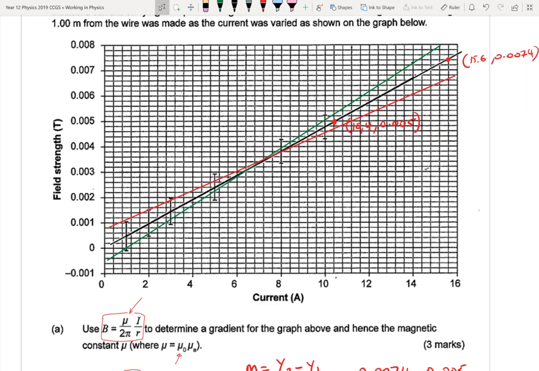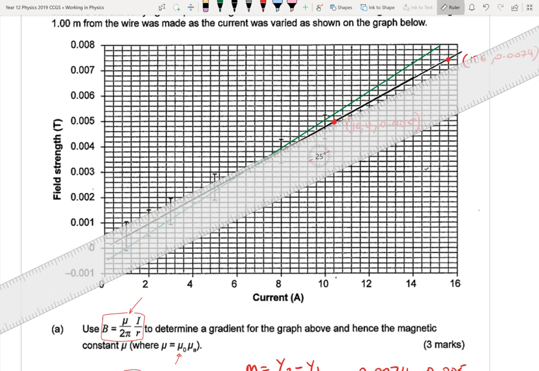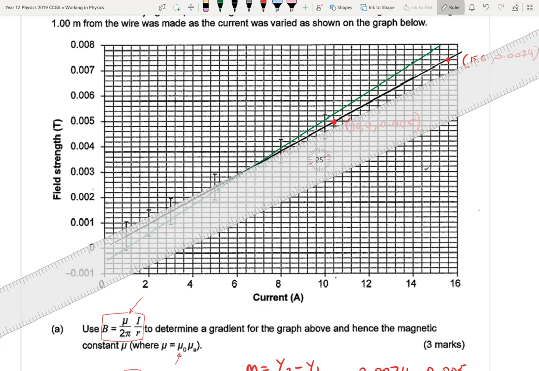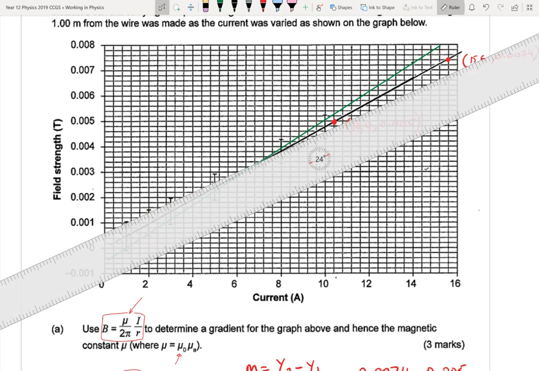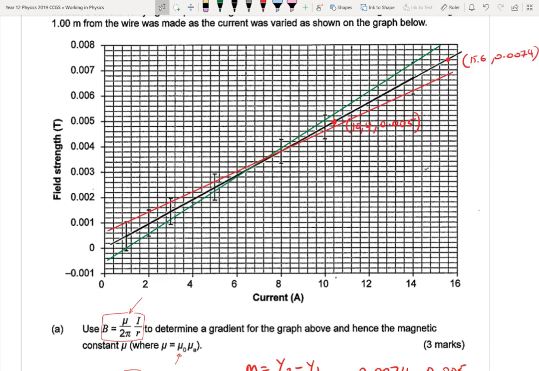Now, I'm going to try my line of best fit again. And then again, you've just got to find nice dot points, nice whole numbers.